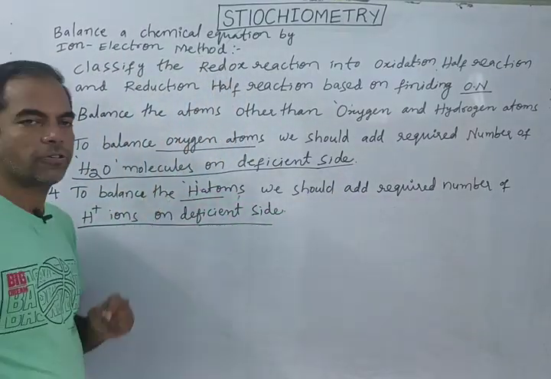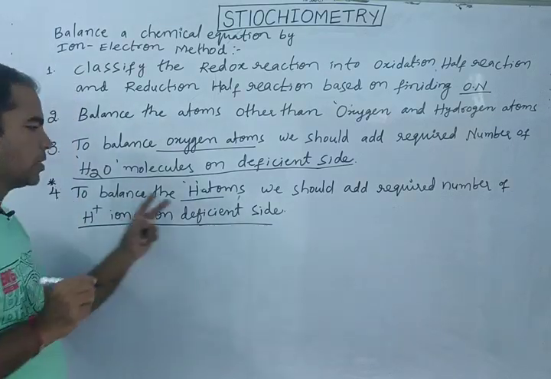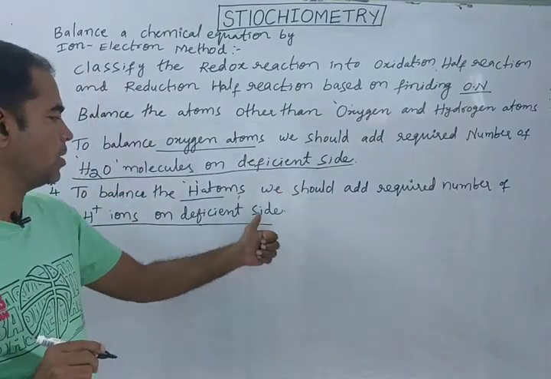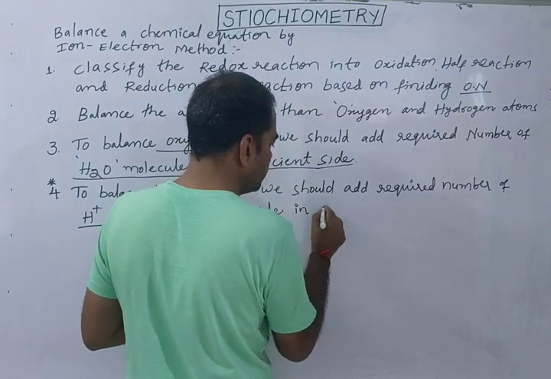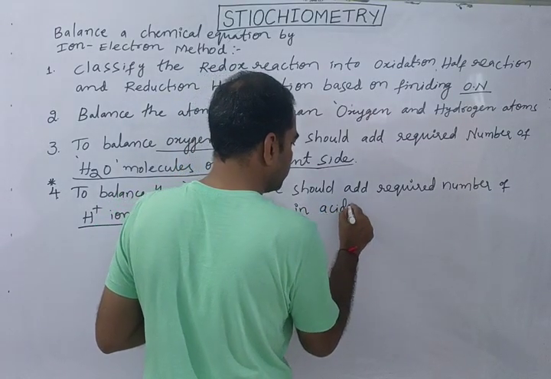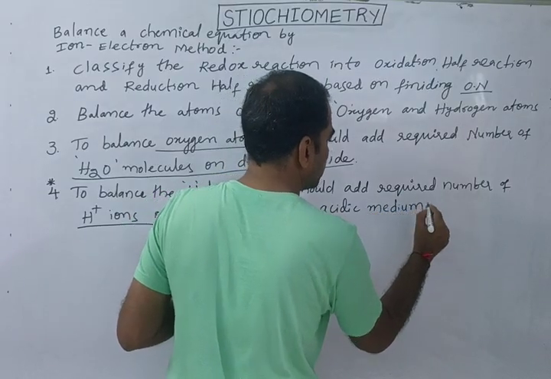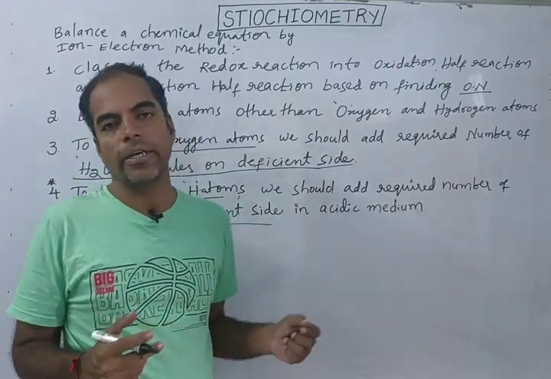After balancing the oxygen, remember, to balance the hydrogen, add the number of H plus ions on the deficient side in acidic medium. It is important. We can balance the chemical equation in acidic medium and basic medium.